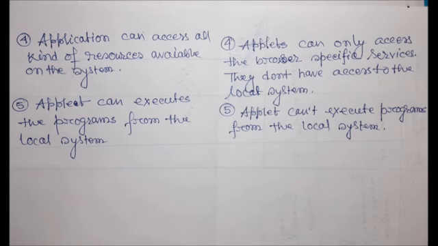That is also one of the important differences when I compare an application and an applet, because the applet can access only web browser specific services. It cannot access all the resources available in my system.